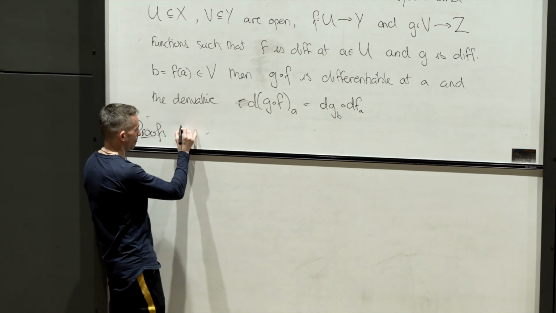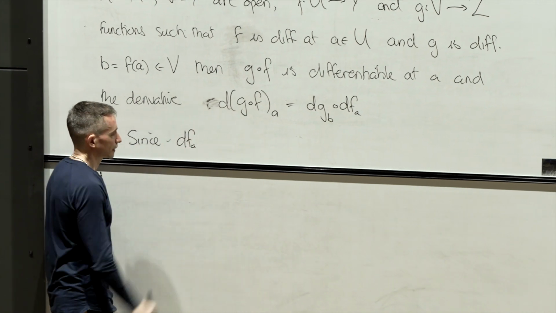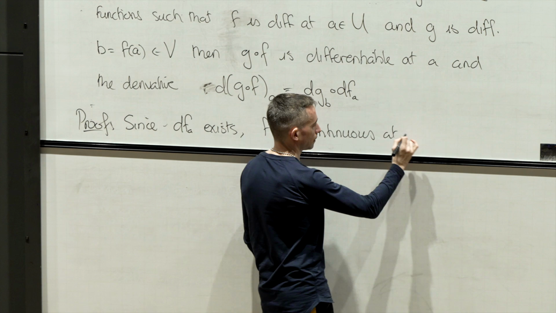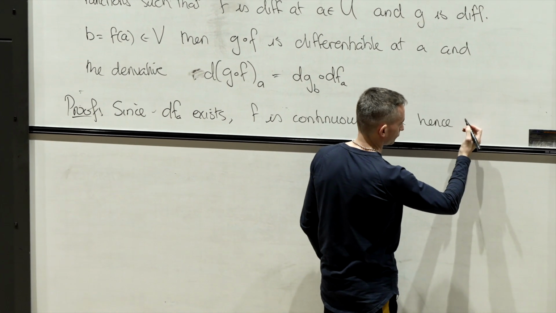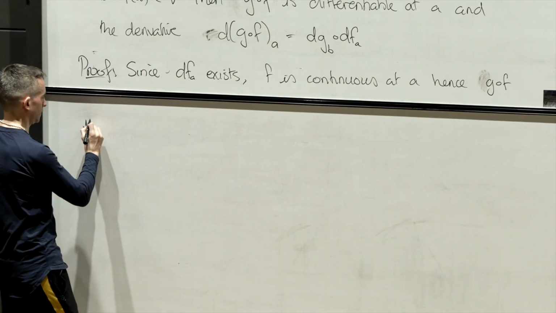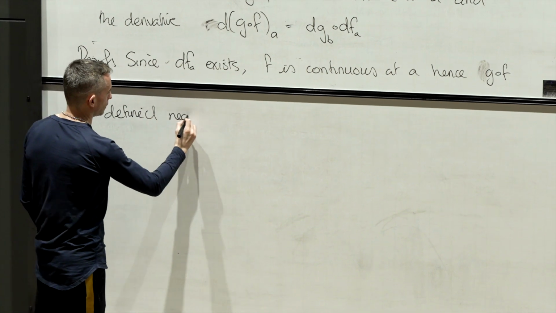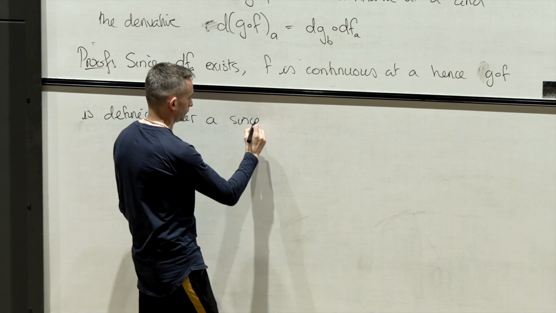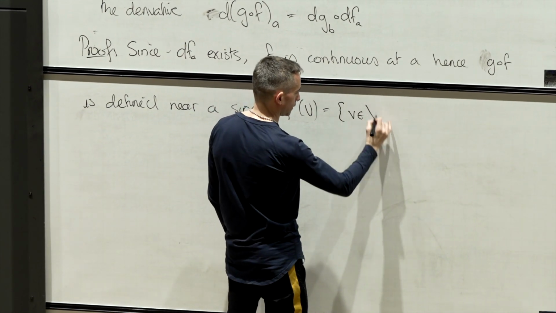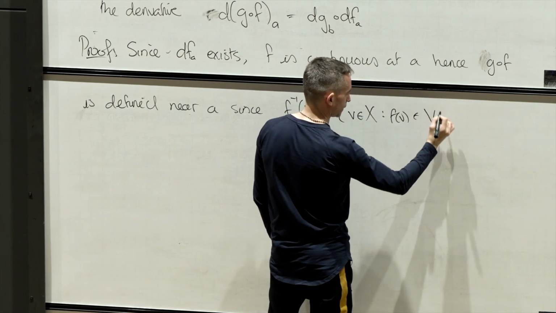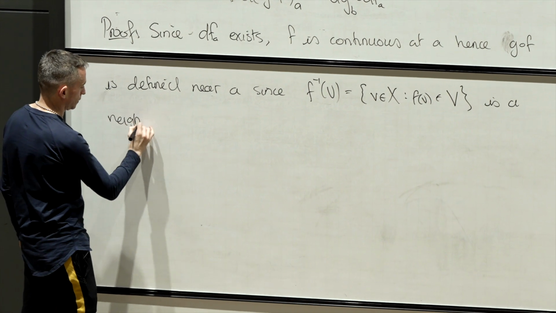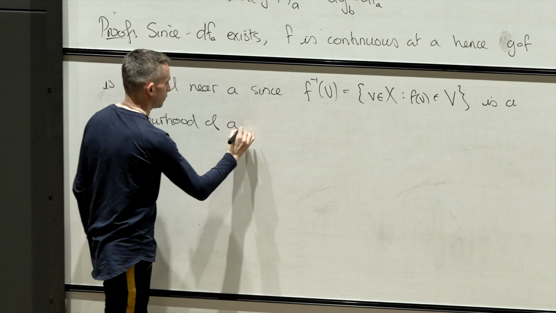Just to say that quickly, since f is continuous at a, g composed with f is defined near a, since the preimage of V, the vectors in X whose images lie in V, is a neighborhood of a.